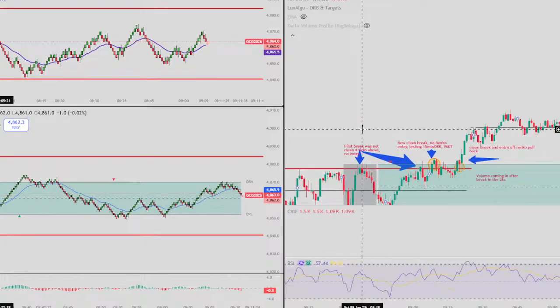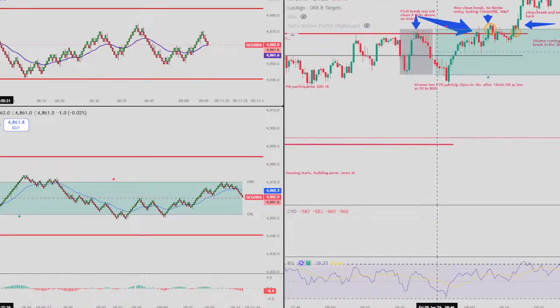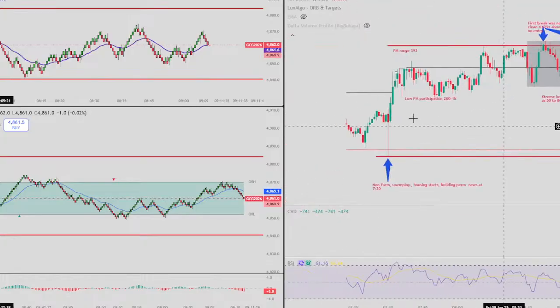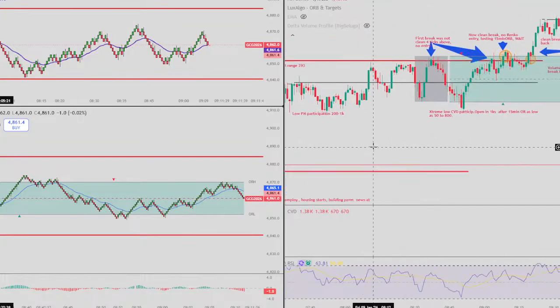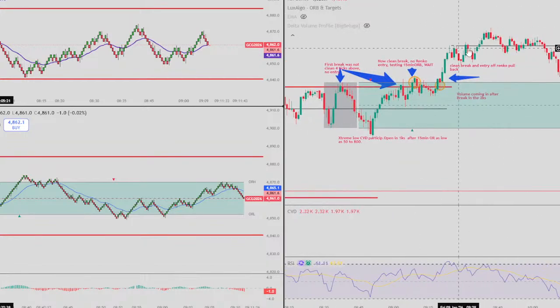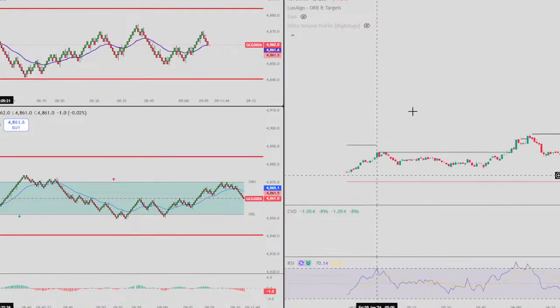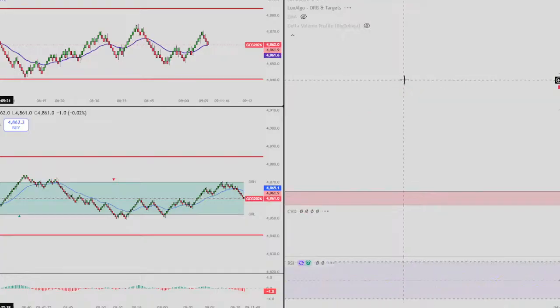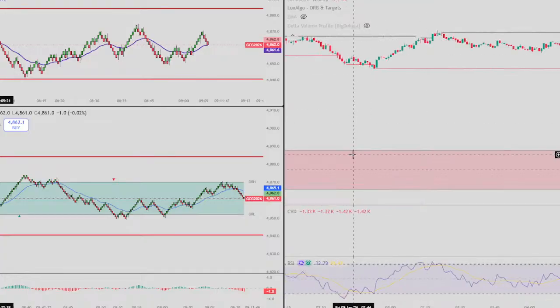Okay, so here's your range. And look, we broke and then we start doing this. I don't want this, right? I want a clean overbought, oversold within the range, like a new one to form within the range. And so far, it's not happening. I'm not seeing it.